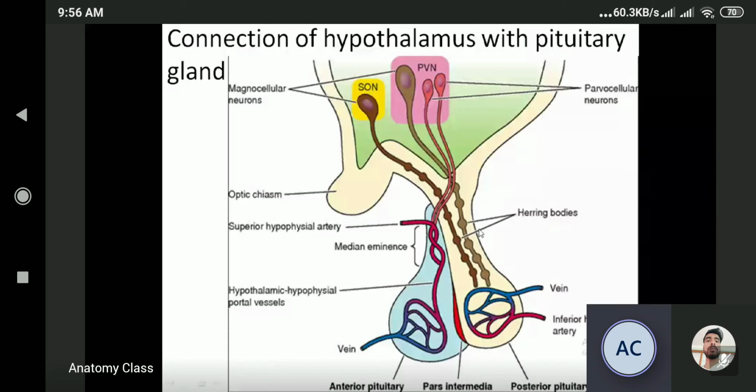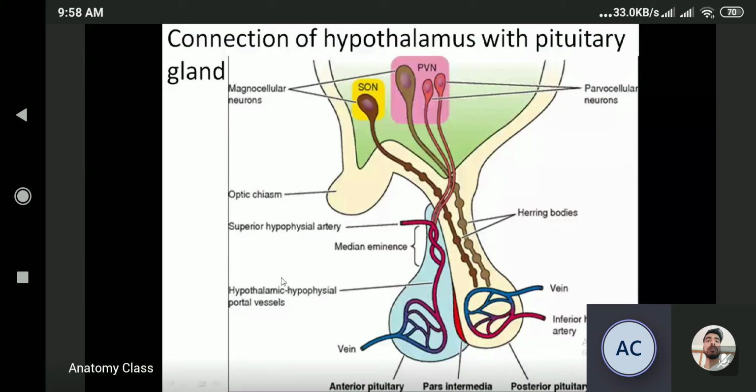But the other nuclei of the hypothalamus are connected with the anterior pituitary with the help of portal blood vessels, long and short portal vessels, forming the hypothalamo-hypophyseal portal vessels. So the hypothalamus is connected with the neurohypophysis through the hypothalamo-hypophyseal tract, while the same hypothalamus is connected with the adenohypophysis, or anterior pituitary, through the portal system of blood vessels, the hypothalamo-hypophyseal portal system.